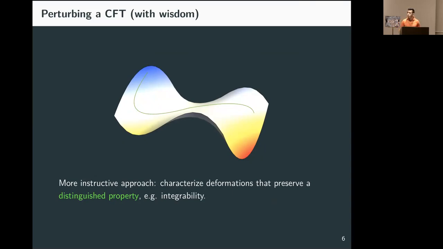A good choice could be conformality. So we start with a CFT, we study all its exactly marginal operators, and explore the conformal manifold. Another powerful choice is supersymmetry. So we start with a superconformal field theory and study all deformations that preserve all or a fraction of the supersymmetries. Nonetheless, throughout most of the talk, the preferred property would be, of course, integrability.